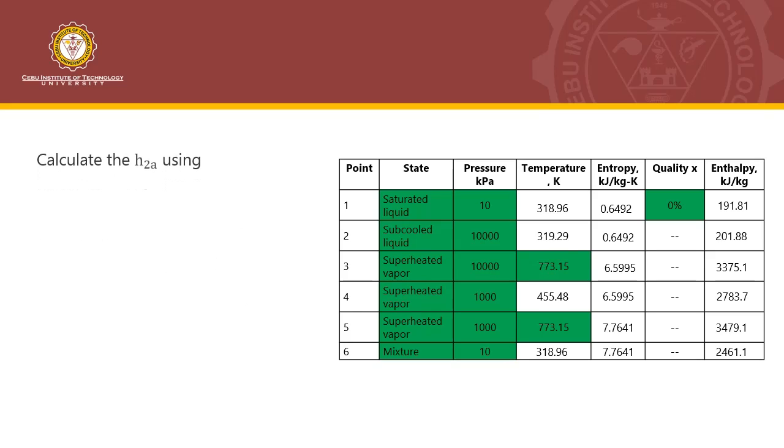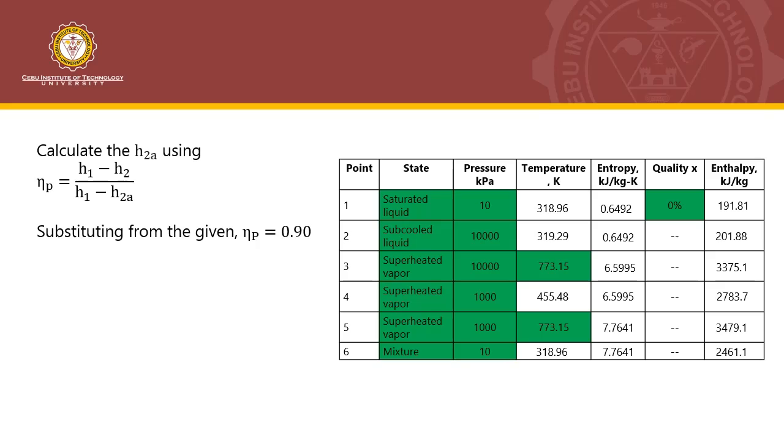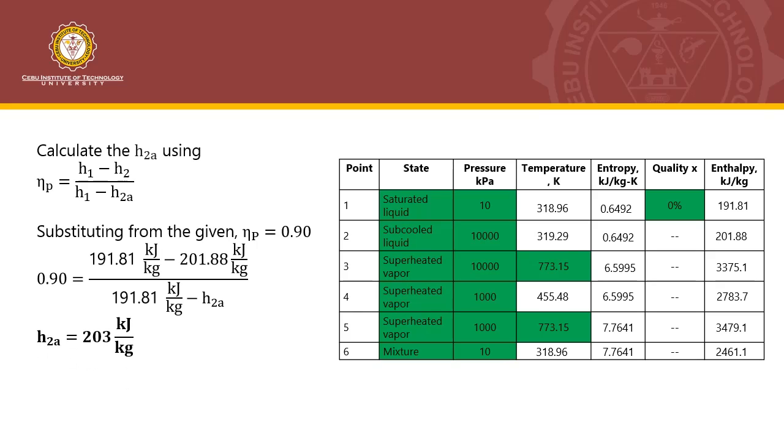And finally, for the pump, we can obtain the actual enthalpy at the outlet of the pump using the relationship H1 minus H2 over H1 minus H2A. This is simply the ideal work input in the pump divided by the actual work input in the pump. From the given, the isentropic efficiency of the pump is 90%, or 0.9. We just substitute the values of H1 and H2 from the table and solve for H2A, and that is 203 kilojoules per kilogram.